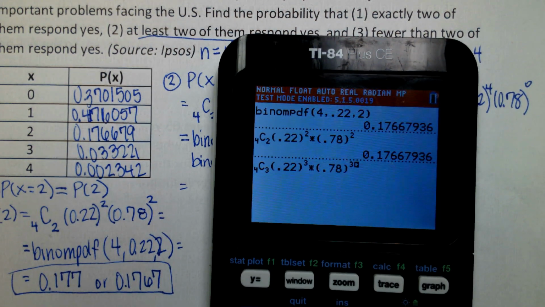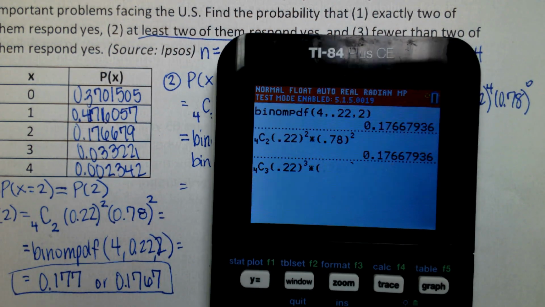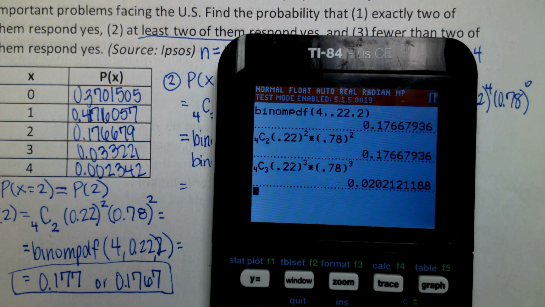So second enter will allow you to do that. I'm going to go up to this one.